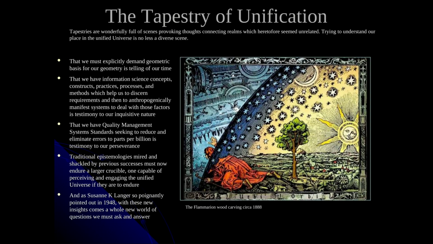We have to eliminate Langer epistemology errors. And Suzanne K. Langer so poignantly pointed out way back in 1948 that with these new insights comes a whole new world of questions that we must ask and answer.